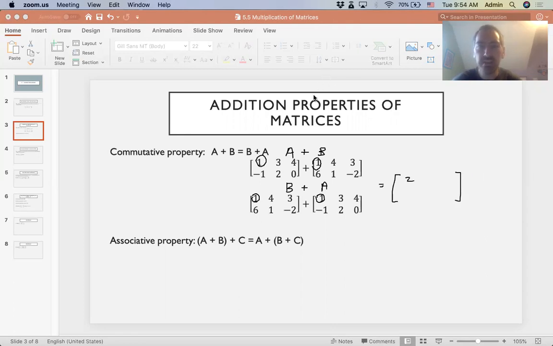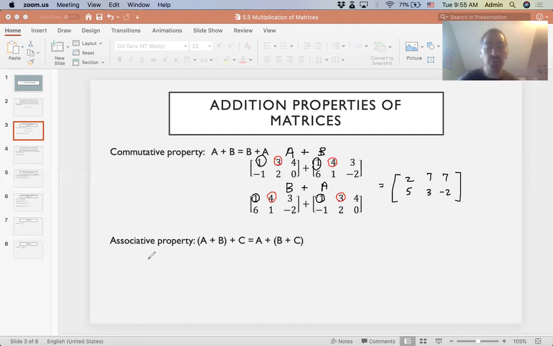And again here, whether you're adding 3 plus 4 or 4 plus 3, you're still going to get 7. So it does not matter the order of those matrices because we're just adding real numbers. And so adding matrices inherits the addition properties of real numbers.